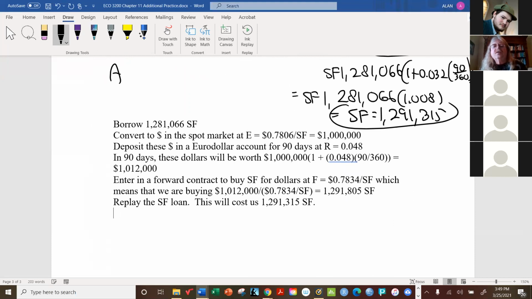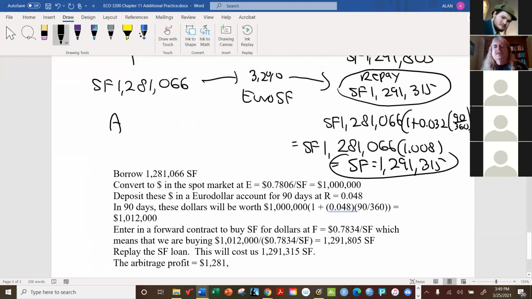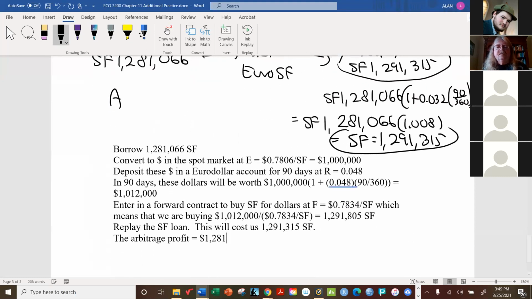The arbitrage profit is the difference between the two. The amount we collected, 1,291,805, minus the amount we repaid on the loan. Oh, sorry, this is Swiss francs. Minus the amount that we repaid on the loan, which is clearly less, 1,291,315.